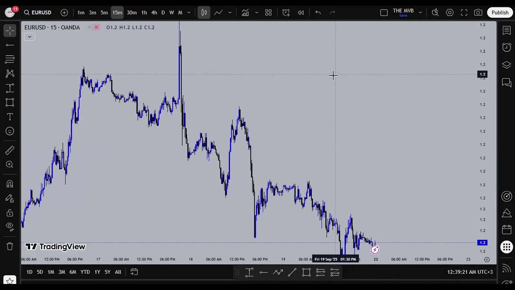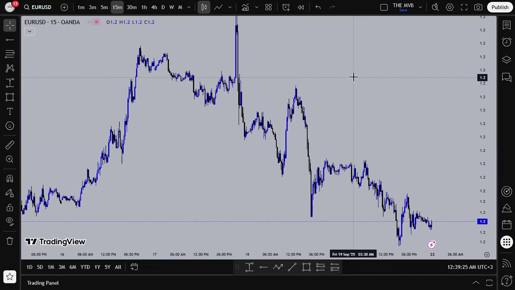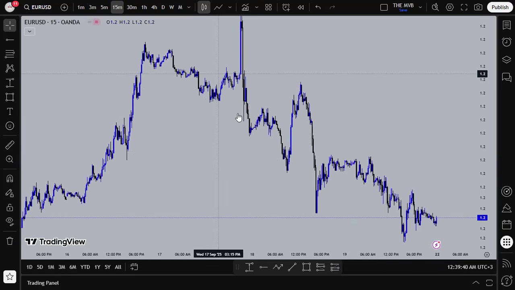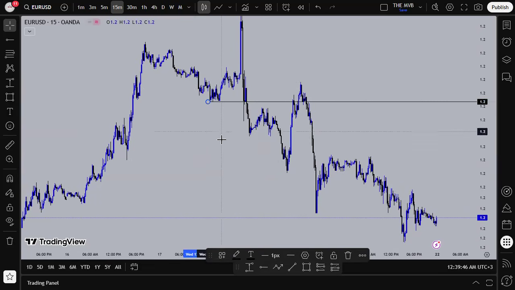Okay, so this is EURUSD and this is the 15 minutes time frame. We're going to talk about areas of liquidity, areas where you need to consider placing an order. We can see here we have many breaks of structure, but look at this here.